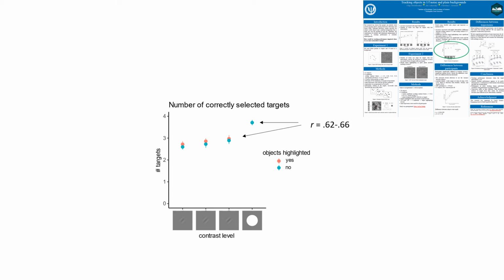Also, on the individual level, when we aggregated performance per subject, there's a correlation between accuracy in the noise tracking and the normal MOT tracking, which means that the tracking performance shares some similarity with the normal tracking.